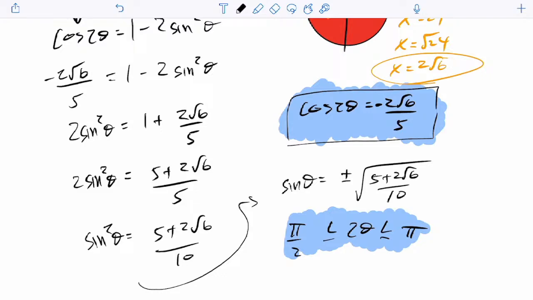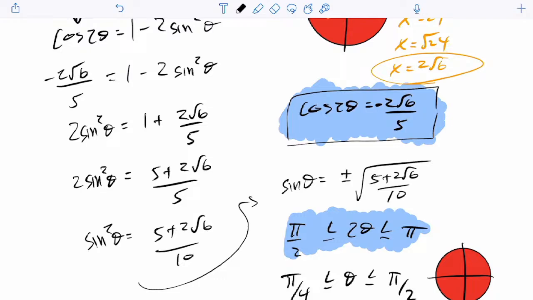But they told us in the question where 2 theta is bounded. So if I divide across by 2, that means theta is greater than or equal to pi over 4 and less than or equal to pi over 2. So that means I'm in this quadrant right here, which means that your sine of theta is positive.